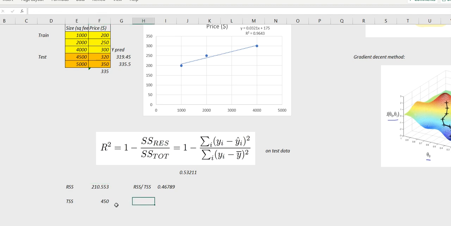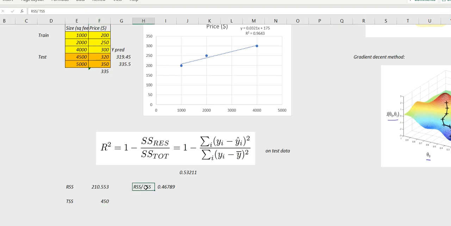Now what is the total sum square, meaning the average? What is the average of all the data? The actual data average is 335, that is the y bar. So here you will do 320 minus 335 square plus 350 minus 335 square, then you will get 450.